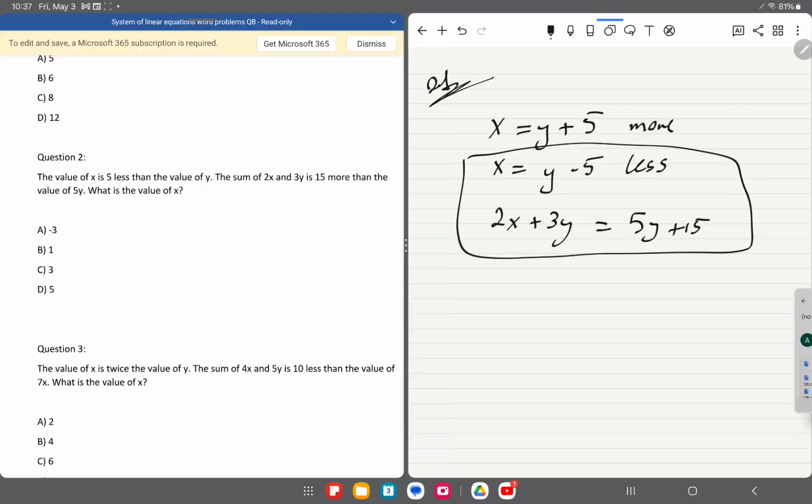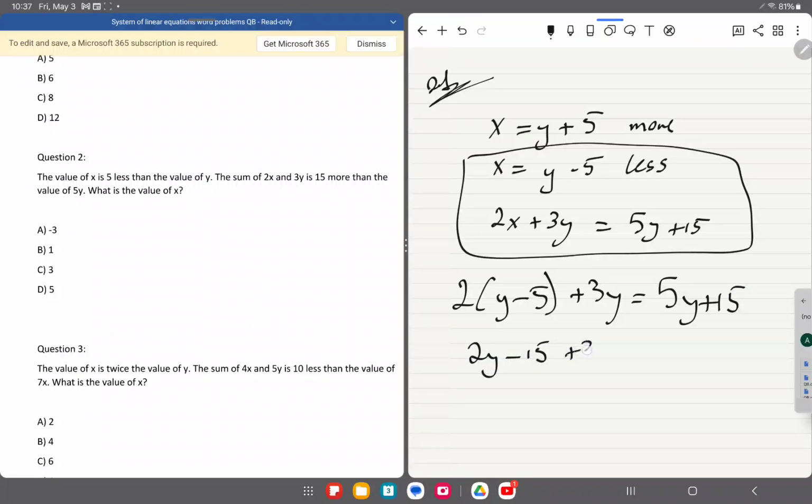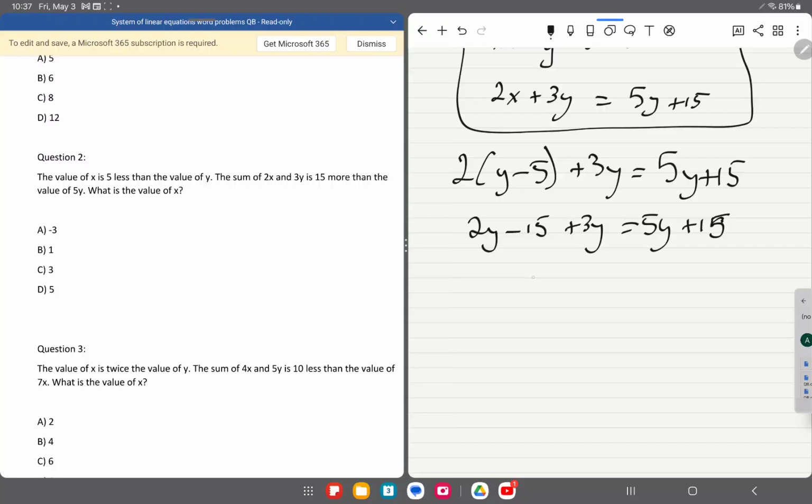Now they want us to solve, so I'm going to put 2 into y minus 5 plus 3y is equals to 5y plus 15. 2y minus 15 plus 3y is equals to 5y plus 15. Minus 10, but there is something wrong here.